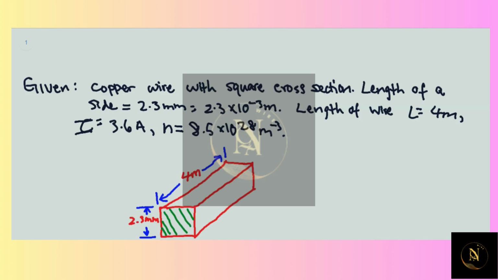I've given a little diagram over here just to show that we have deviated from the normal cylindrical wire, and here instead we have a square wire. The things we were asked to find, we'll do on the next page.